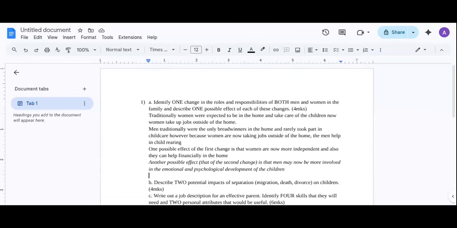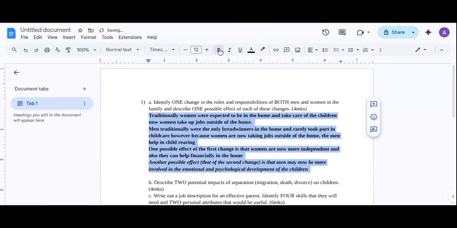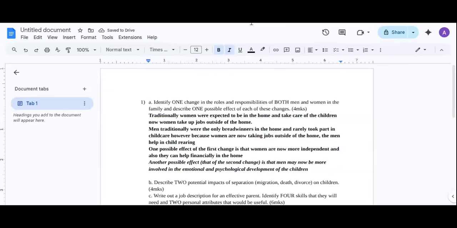Can anybody think of any other possible effects, either for the first change or the second change? Yes, it also has the possibility that women would not want to take on the responsibility of having children anymore because they want to push for their career. To pursue a career. Good.